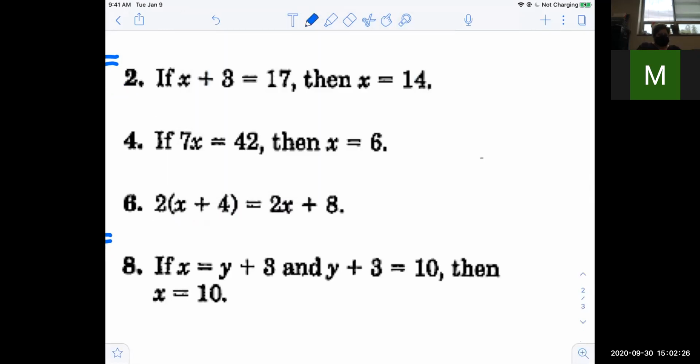Number 6 is distributive, yes. And again, technically distributive is not a property of equality, but if you write property of equality, I'm not upset. Okay, Drew, pick one you can do.